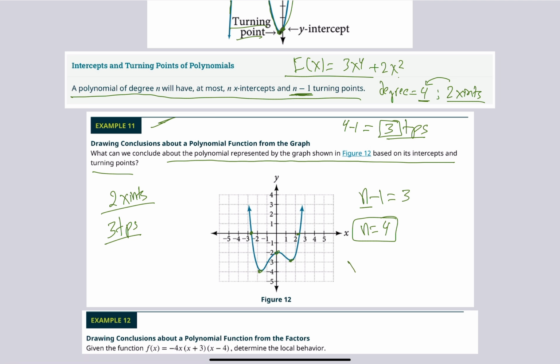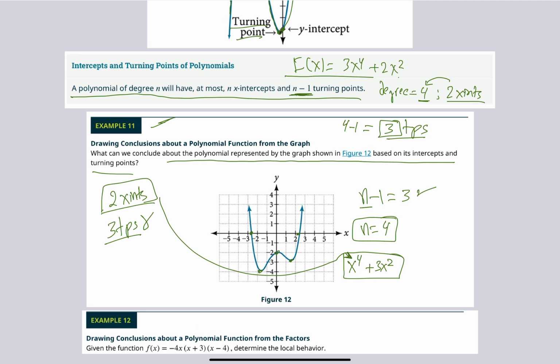So let me give you an example: x^4 plus 3x squared. Now, what is the number of turning points? 4 minus 1 is 3, which is fine. And 2, the number of x-intercepts, is less than or equal to 4, which is also fine. Let's say you just look at the number of x-intercepts and forget the turning points.